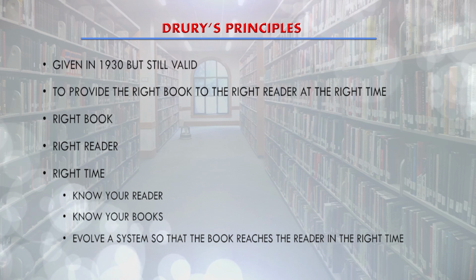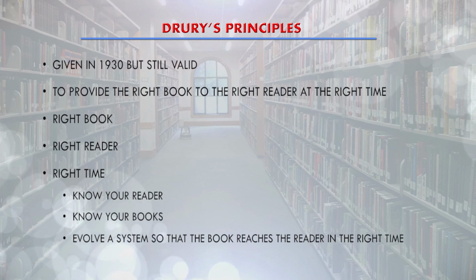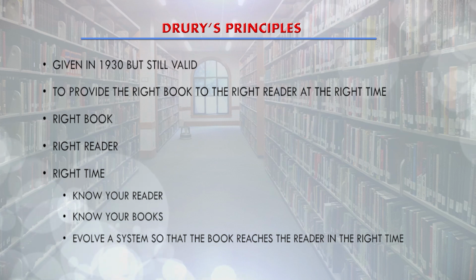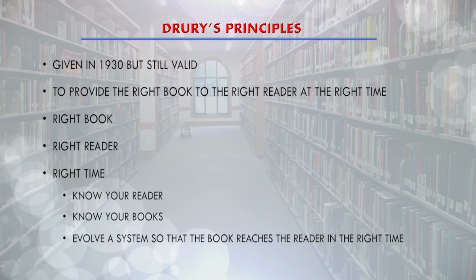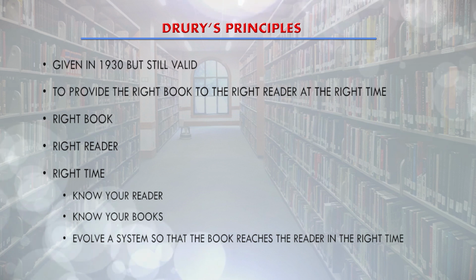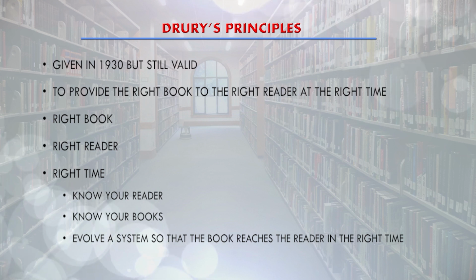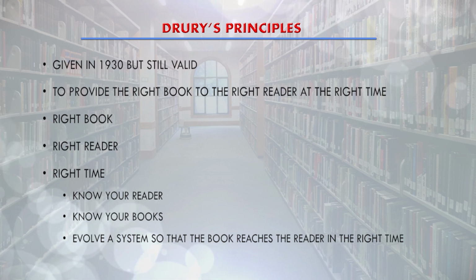We start with the principles of Drury. These were given in 1930, as I told you, and what do they say? The crux of his principles, which are 21 in number, is that whatever you do while selecting documents for your library, you should keep in view that you provide the right book to the right reader at the right time.